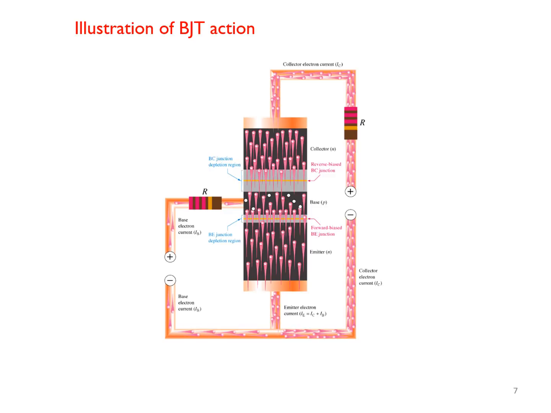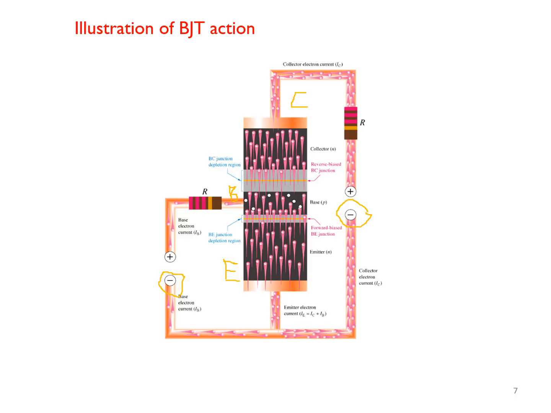For NPN transistor, electron at emitter. So this is emitter, this one is base, and this is collector. Electron at emitter is being pushed by the negative terminal of the power supply toward the junction into the P-type base.